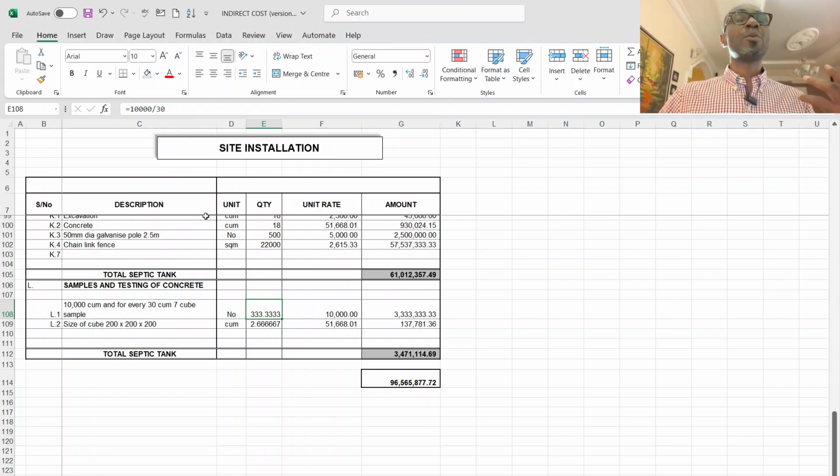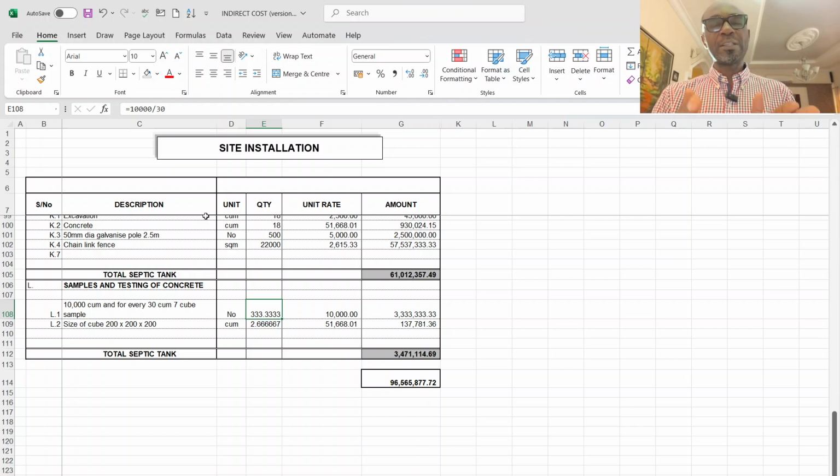You know how many cubic meters you're pouring every day, and how many cubes you need to make. But sometimes it is expected that for every 30 cubic meters you cast, you make a cube test.